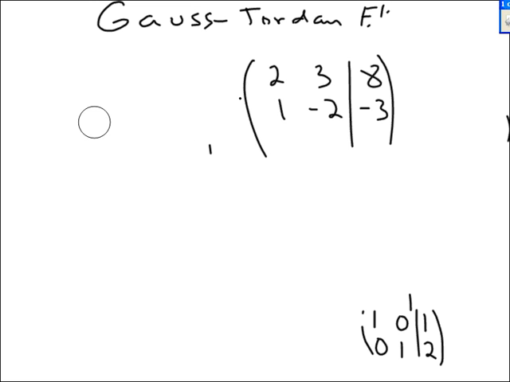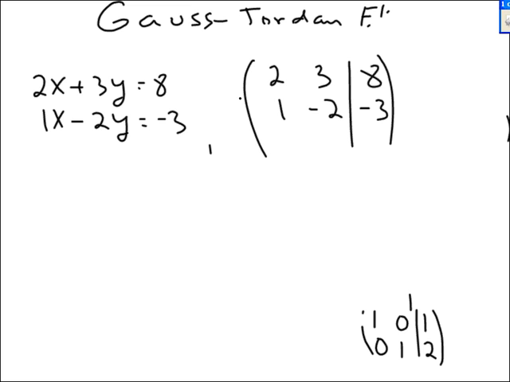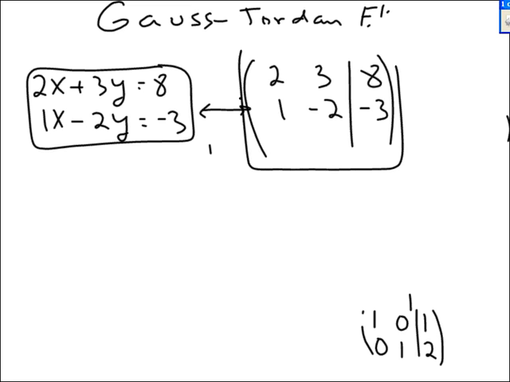These two correspond to one another. 2x plus 3y equals 8. 1x minus 2y equals negative 3. You should be able to go back and forth with this. For example, what equations does this first row give us?